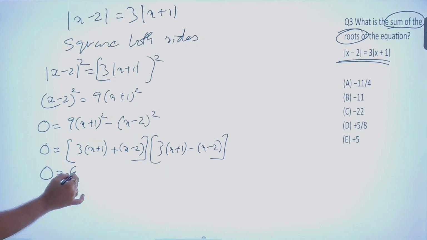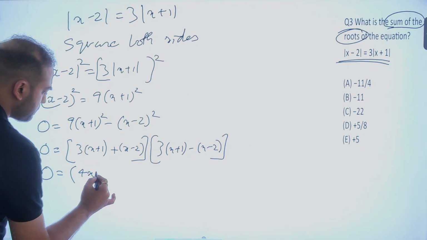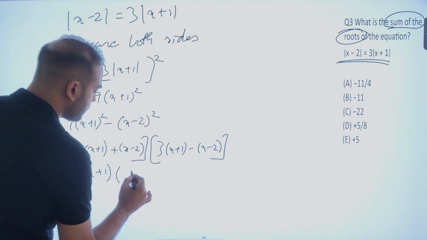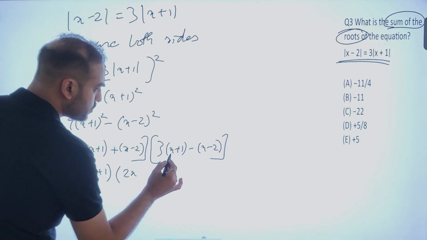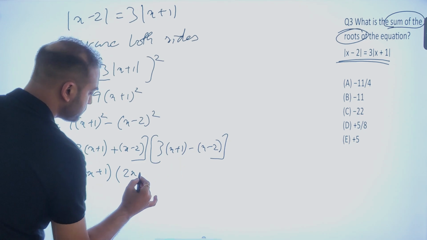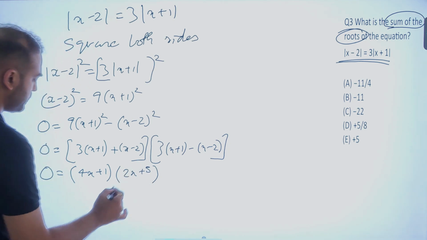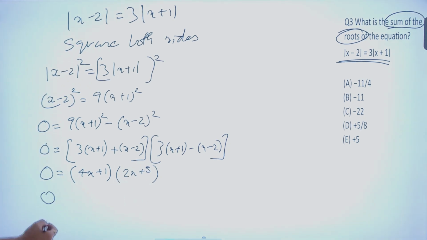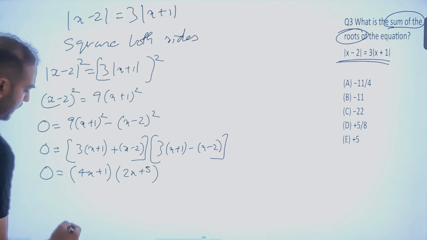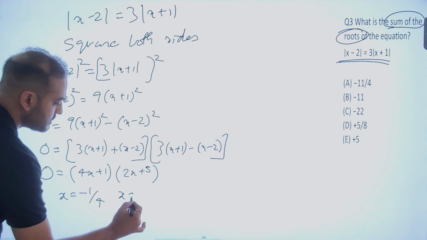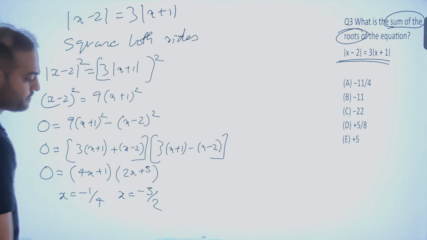If I simplify this, that is 4x plus 1 and this is 2x plus 5. If you solve this, you get x equal to minus 1 by 4 or x equal to minus 5 by 2.